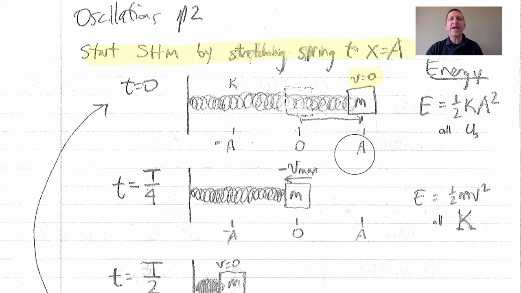What form is the energy all in if velocity is 0? Our spring has been stretched. It is all spring potential energy. So because spring potential energy is 1/2 kx squared, when it's at x equals A, the spring potential energy is just 1/2 kA squared.